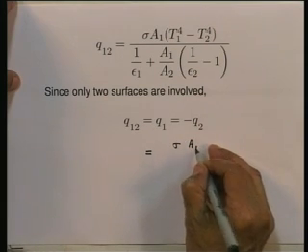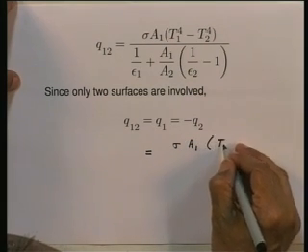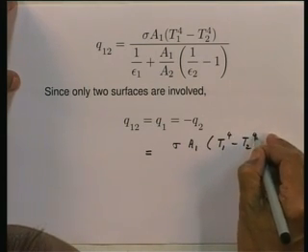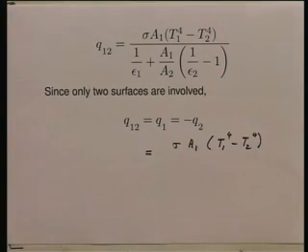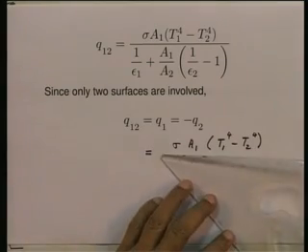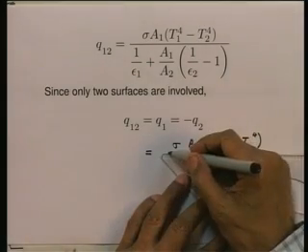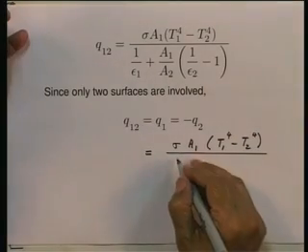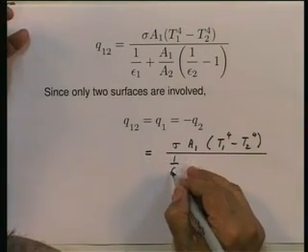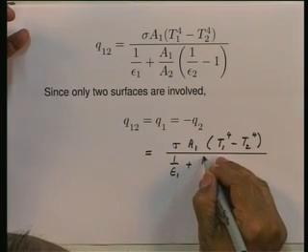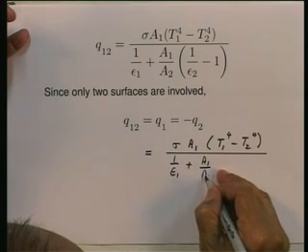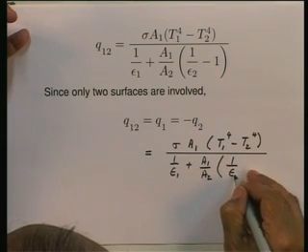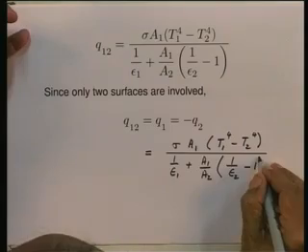Therefore, Q1 equal to minus Q2 is nothing but the expression which we have, that is namely sigma into A1 (T1 to the power 4 minus T2 to the power 4) divided by 1 upon epsilon 1 plus A1 upon A2 into (1 upon epsilon 2 minus 1).